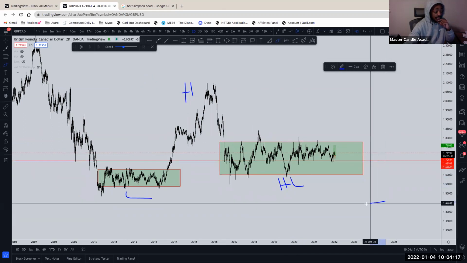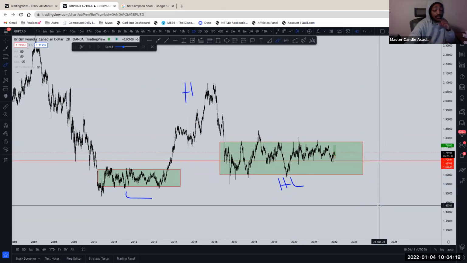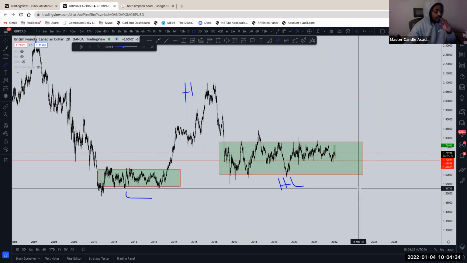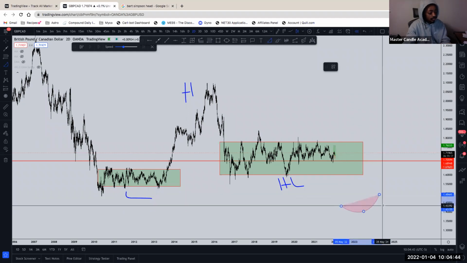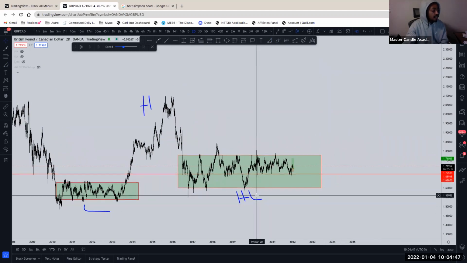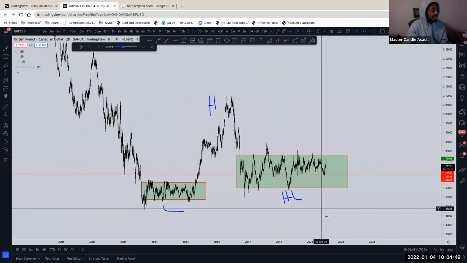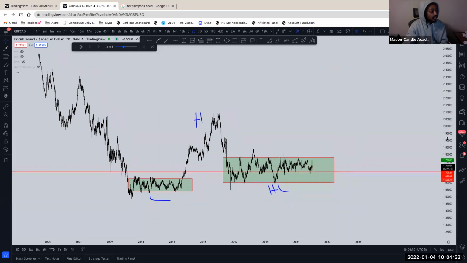Being able to identify where the low is, where the high is, and where either your higher high or your higher low is, if you can identify those first 3 points in the market, you know where 4, 5, and 6 are going. You guys understand what I'm saying? If you know where 1 and 2 are going, you know where 3, 4, and 5 can go. Because after we get a higher low, what is the next form of structure that we typically get?